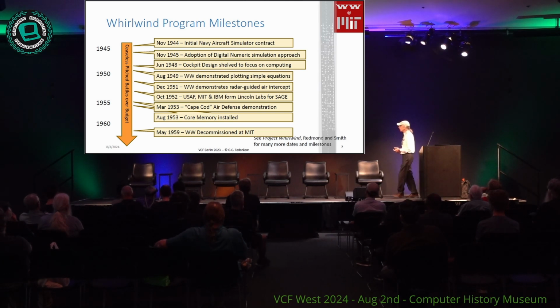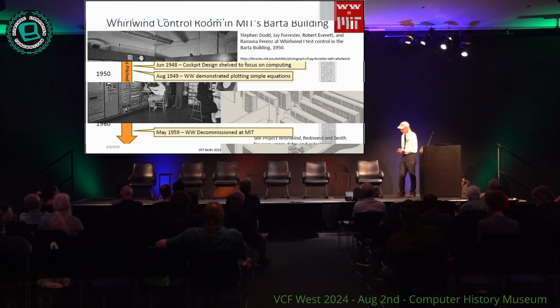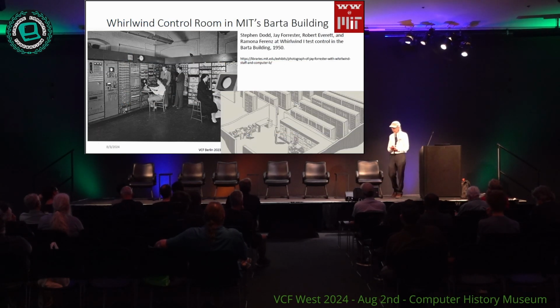In 1951, they did this radar-guided air intercept demo. 1953, they had quite a credible demo that was used to vanquish Willow Run and get them out of the race. Also in 1953, they started installing core memory on the machine, and at that point it became much more reliable. And 1959 it was decommissioned.